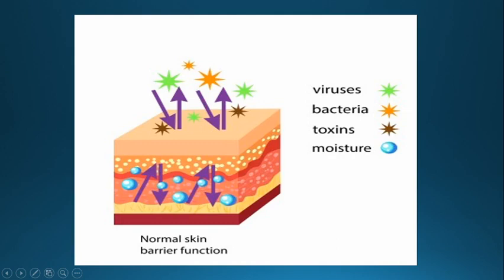On the other hand, here you can also see the first function we discussed, the prevention of dehydration. It is because these water molecules cannot go through the skin and evaporate, so the inside moisture level is protected by the skin. And you can see here another specific thing, toxins.